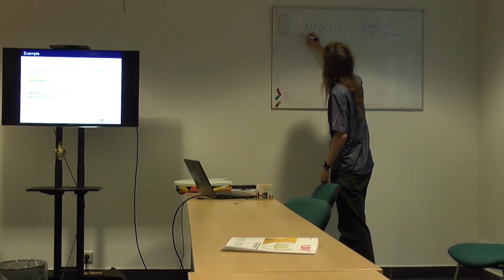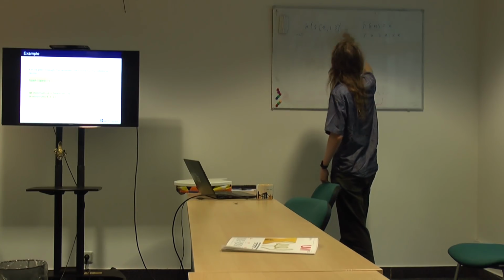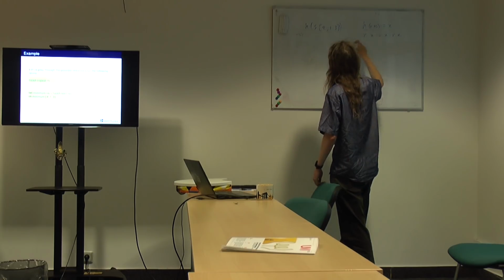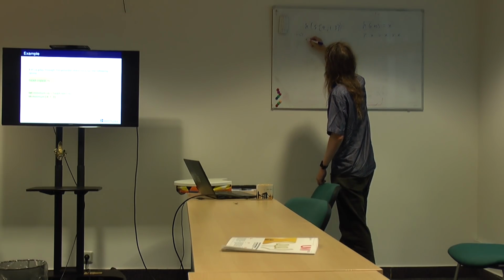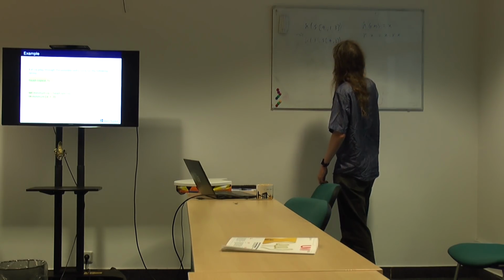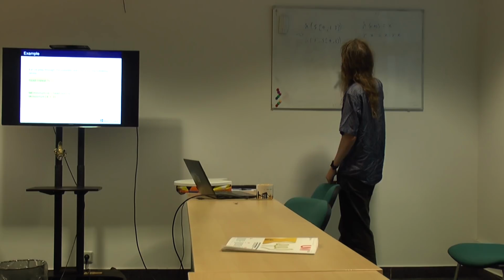We can't reduce head because it doesn't match the pattern yet. So we have to reduce sort. I'm not going to take the sort definition, but let's assume that this reduces to head of 1 cons sort of something or other. It doesn't really matter at this stage.